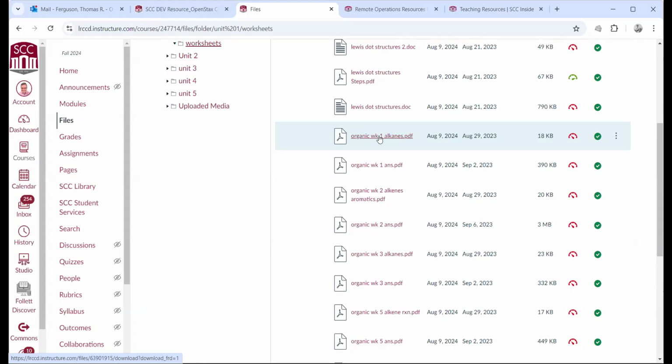Professor, I have a question. On a test, are you going to give us the line structure or the condensed structure? Line. Okay, sounds good. Thank you. Yeah, once you get used to looking at the line drawings, biochemistry only has line drawings because the molecules tend to be very complex.